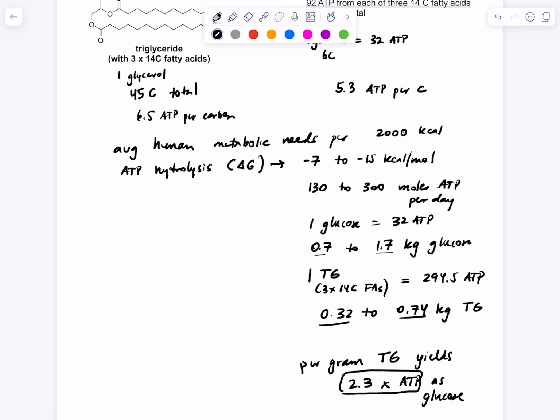Once that runs out, your body starts to do something called gluconeogenesis, where it starts making pyruvate and going backwards through glycolysis. A few different enzymes are needed to do this, but your body can make glucose to supply the blood and the brain.